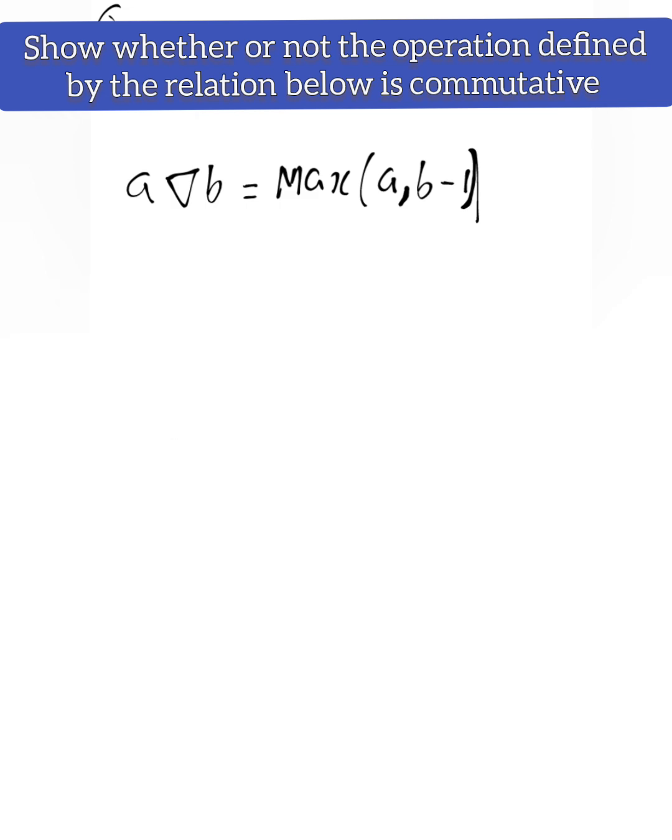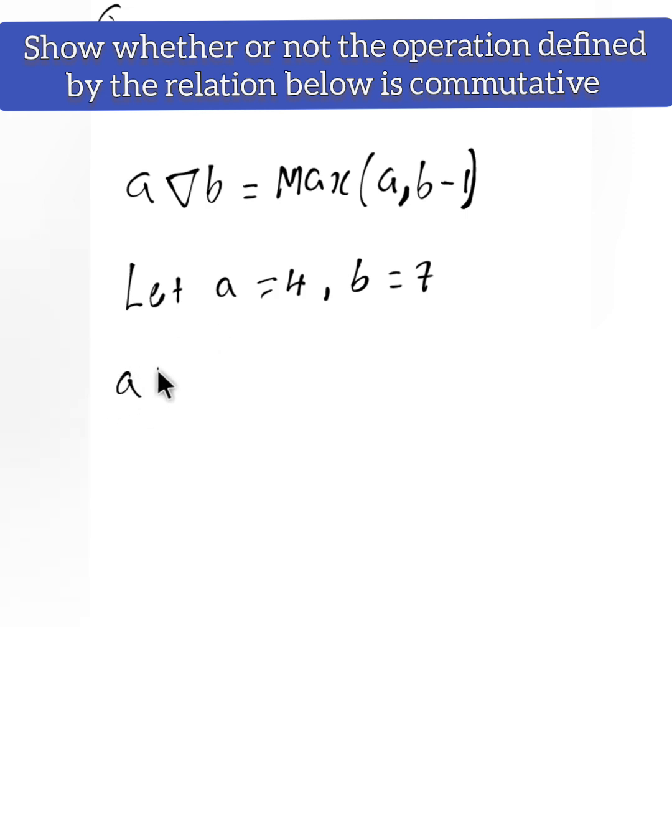We're going to choose random values for A and B to see whether or not it is commutative. Let A be 4 and B be 7. We'll solve for A operation B, and we'll also solve for B operation A. If they are the same, it's commutative, but if they are not the same, then it is not commutative.